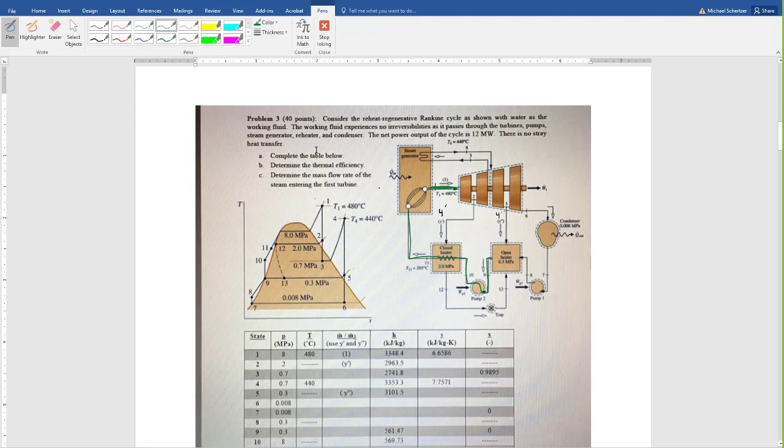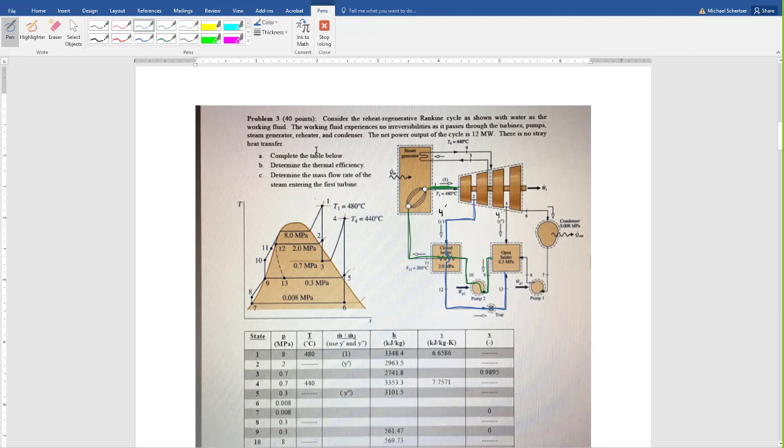But in the open feed water heater, it's different. For blue, I'll use Y prime. So Y prime is through here, through this half of the closed feed water heater, and then it comes back over here.